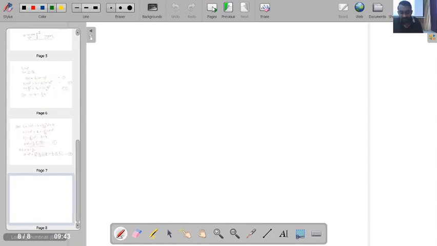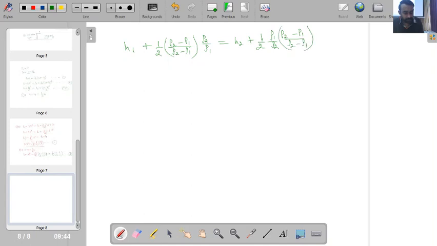If I substitute back into the energy equation, W square by 2 becomes 1 by 2 of P2 minus P1 by (rho 2 minus rho 1) times rho 2 by rho 1, and this is equal to H2 plus half of rho 1 by rho 2 into P2 minus P1 by rho 2 minus rho 1. Is it correct?